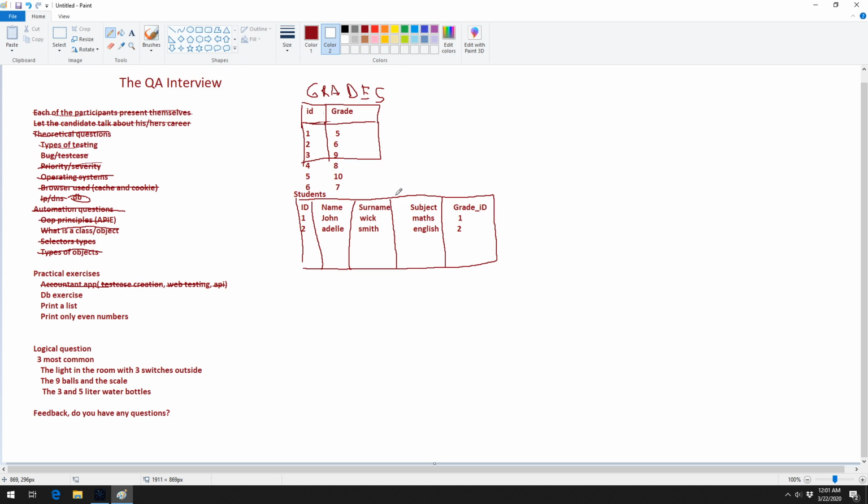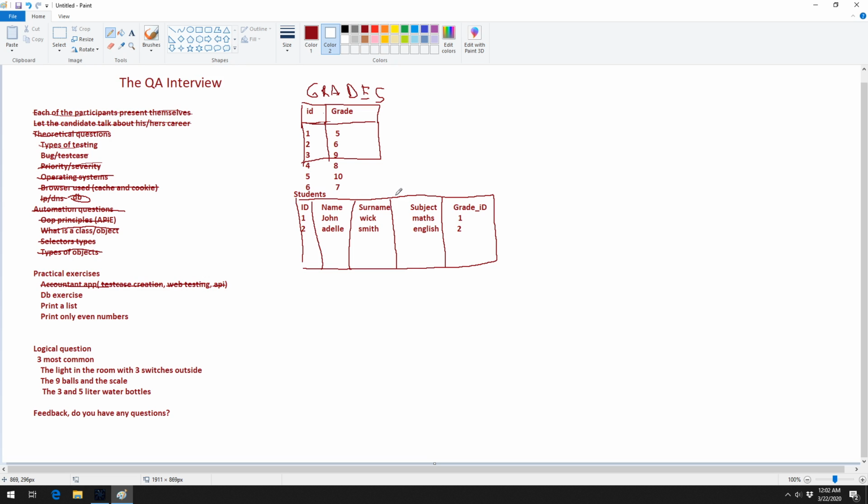And the typical select would be select all from students, being the table name we are looking for, where name equals John. This is a simple select. You just select the name John, because you can have multiple students with name John, so that's why you do select all.